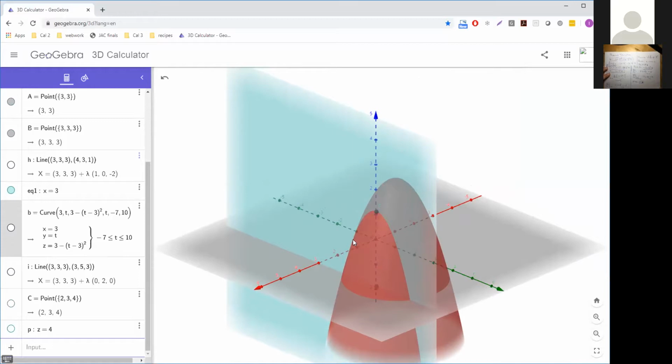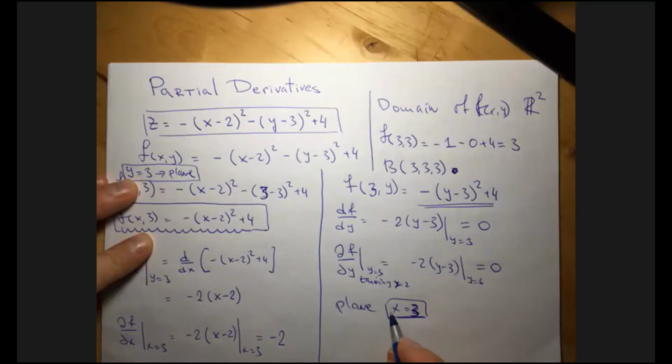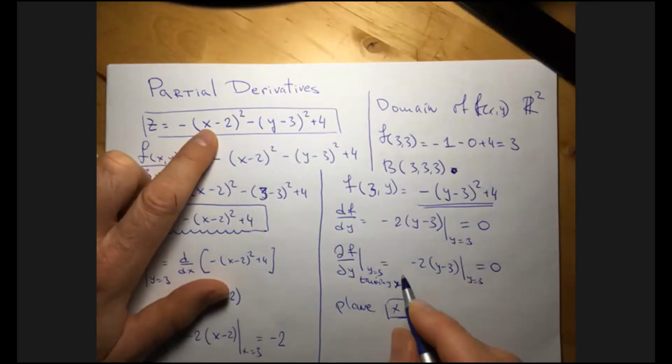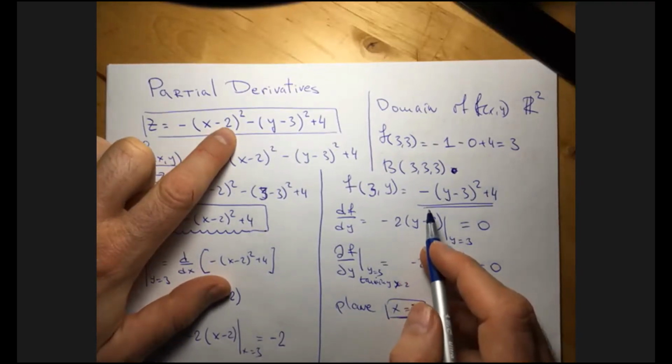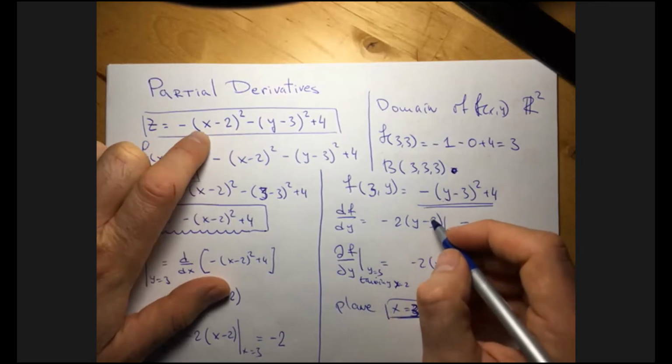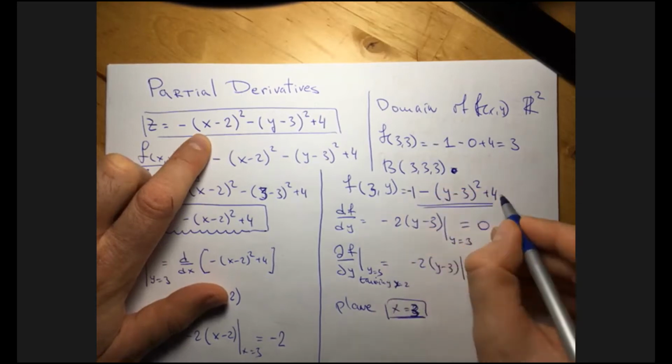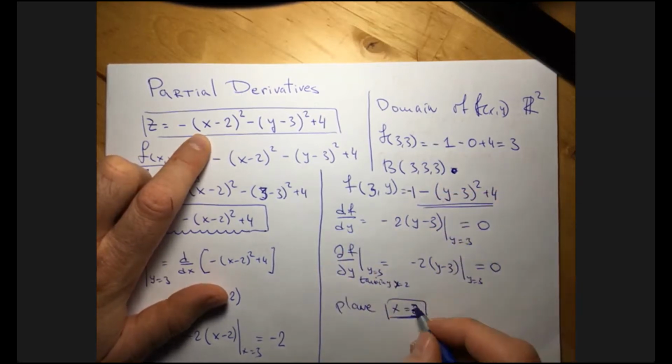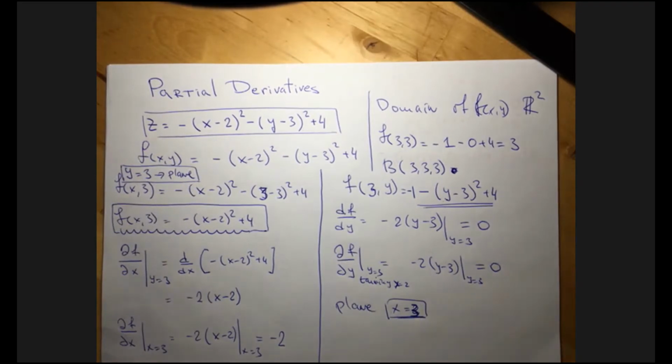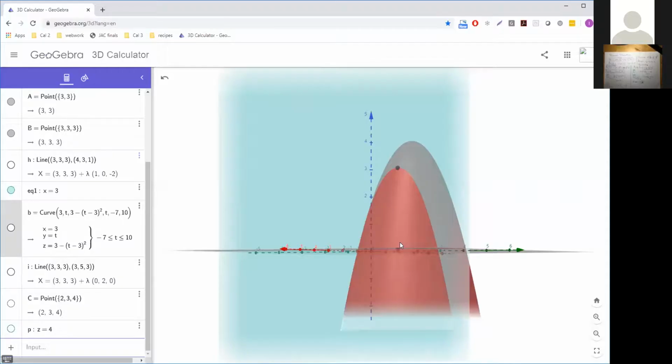If I take y is equal to 3, what will that change? So if I take here 3, my bad, sorry, I haven't programmed this well. So I take the plane x is equal to 3. So this is x minus 1 is 3 minus 2 is 1, squared is 1, so negative 1 minus this plus 4. Again, the derivative, everything else is the same. Okay, sorry about that. So the plane is x is equal to 3. Otherwise, it wouldn't go through the point B, okay?